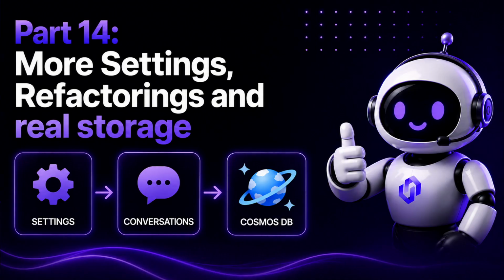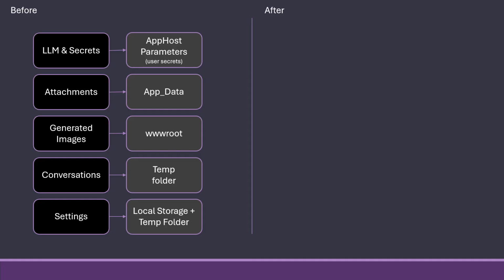Because right before, we were running with our LLM and secrets in app host parameters. That was just user secrets. But the attachments we put into app data, and the generated images we put into wwwroot. And the conversation settings were just put in either local storage or in temp folders on the machine.